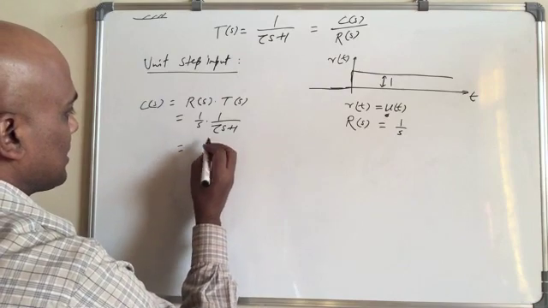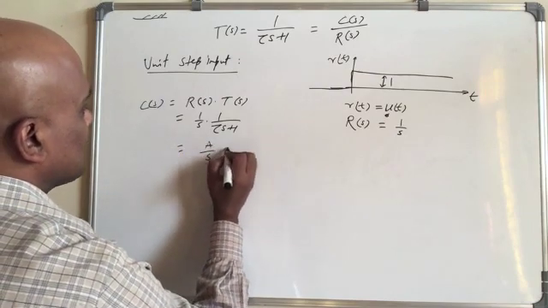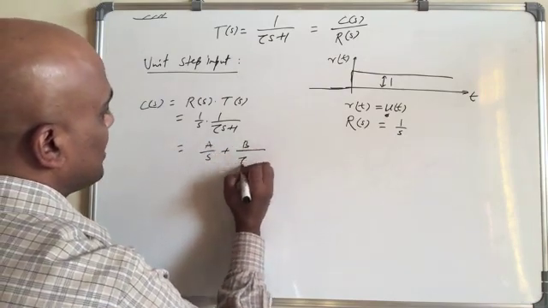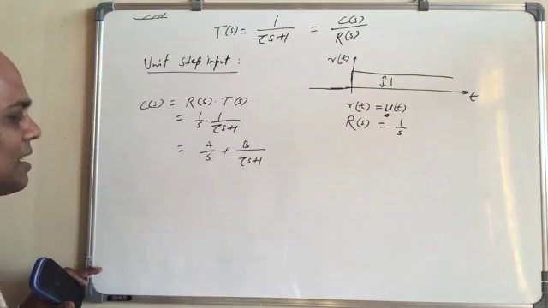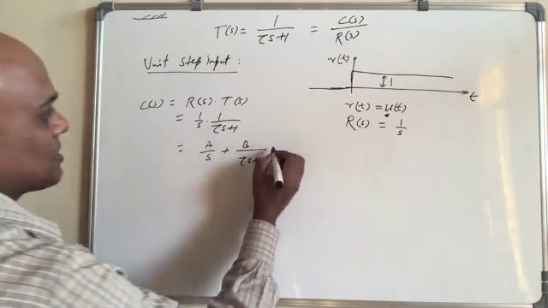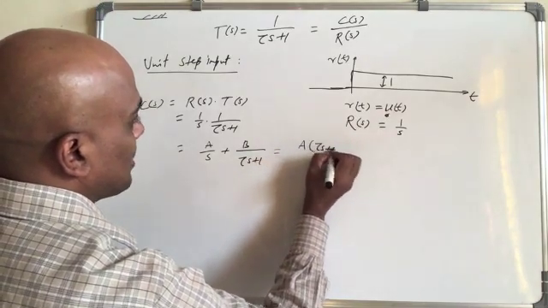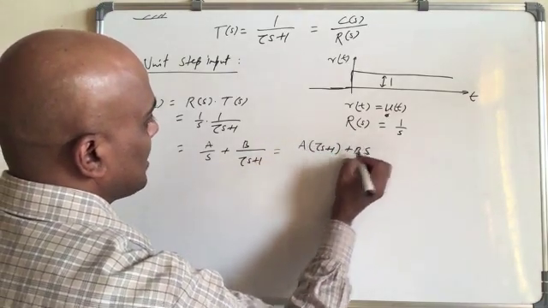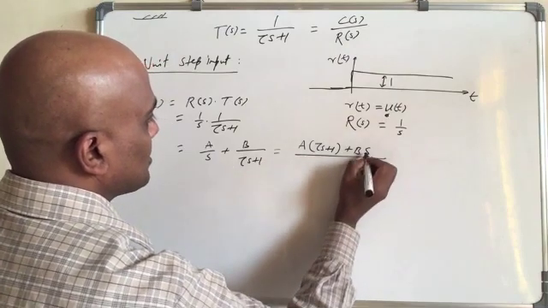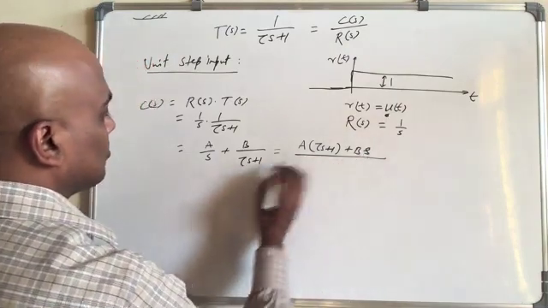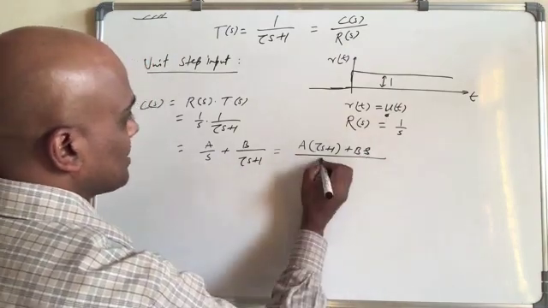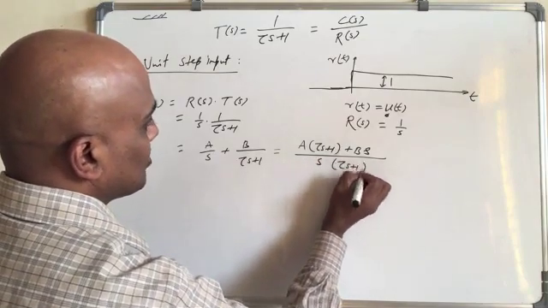We can write it as A over s plus B over tau s plus 1, which is equal to A(tau s plus 1) plus B s, over s(tau s plus 1).